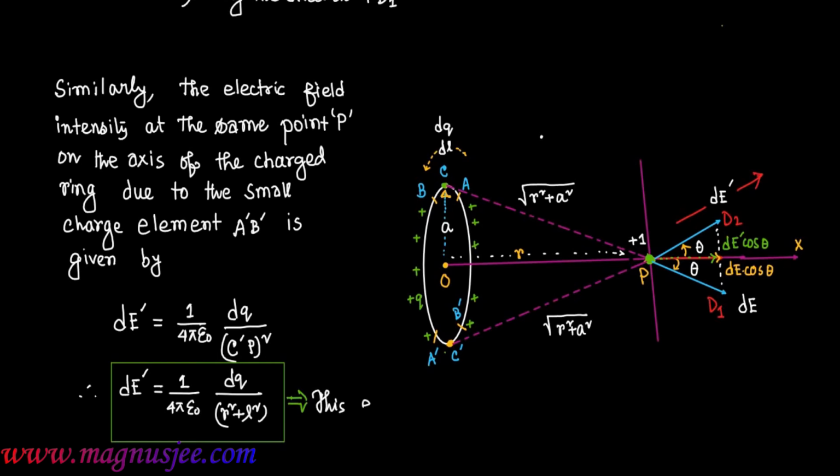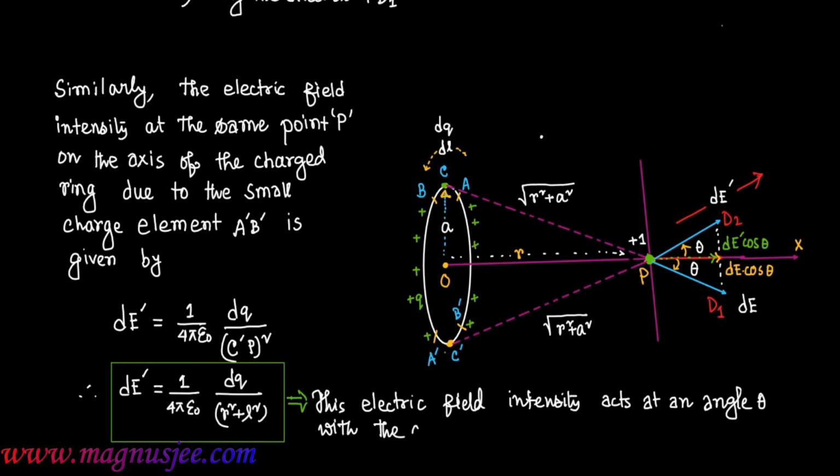This electric field intensity dE prime acts at an angle theta with the axis OX of the ring. That is, dE prime acts in the direction PD2.